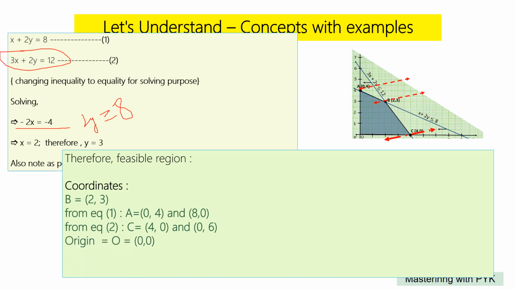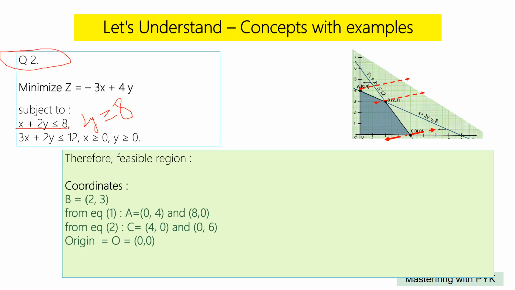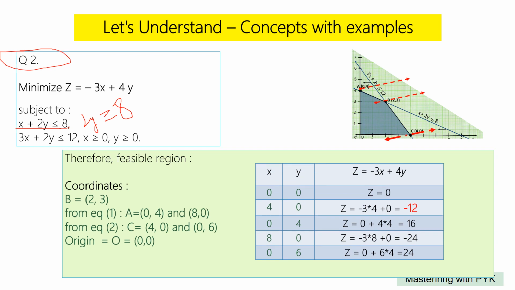So we have these equations and the origin, because at any point of time, x and y can be 0. So to find the optimal solution, we will be finding the value of z based on each coordinate.